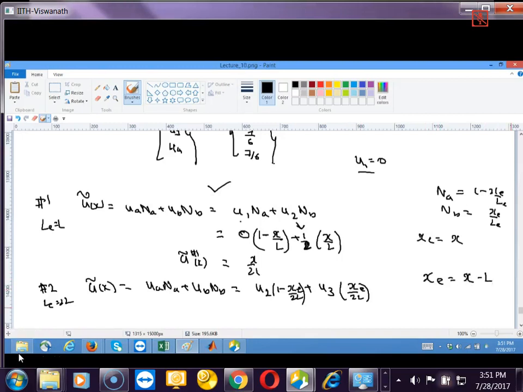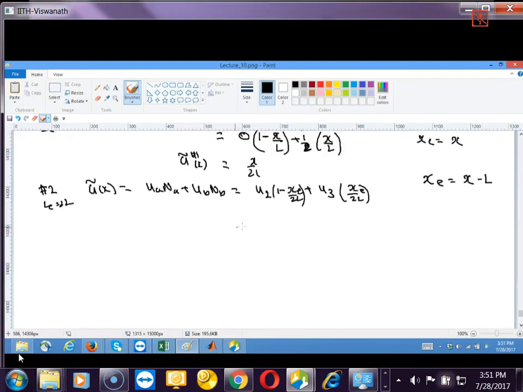So if you want to write it in a global coordinate system, then you can write it as U_2 times 1 minus (x minus L) divided by 2L plus U_3 times (x minus L) by 2L.